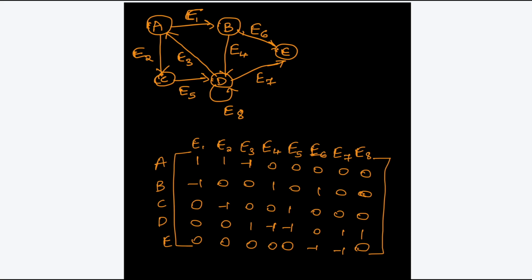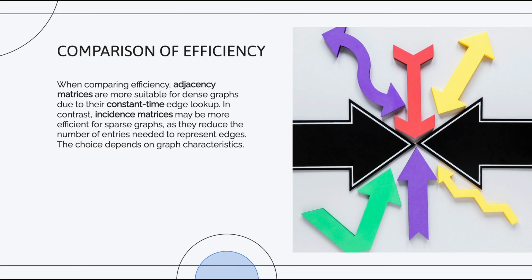Now, if we compare the efficiency, adjacency matrices are more suitable for dense graphs due to their constant time edge lookup. In contrast, incidence matrices may be more efficient for sparse graphs as they reduce the number of entries needed to represent edges.